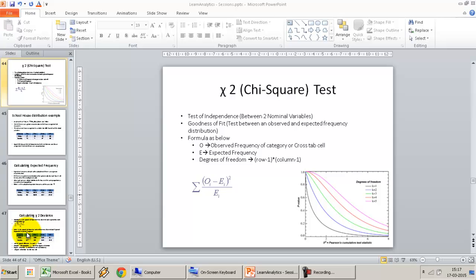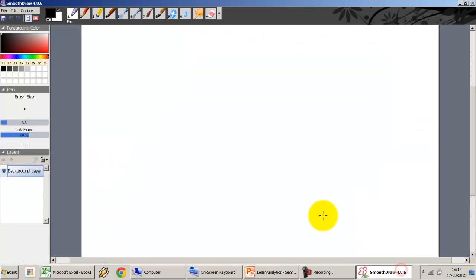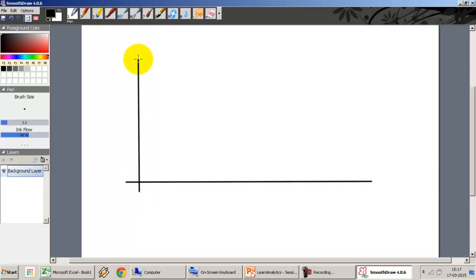So how do we actually figure out whether our chi-square value is significant, in the acceptance region or rejection region? Let's have a look at the chi-square distribution. Let's say we've got the chi-square value on the x-axis and the probability on the y-axis.